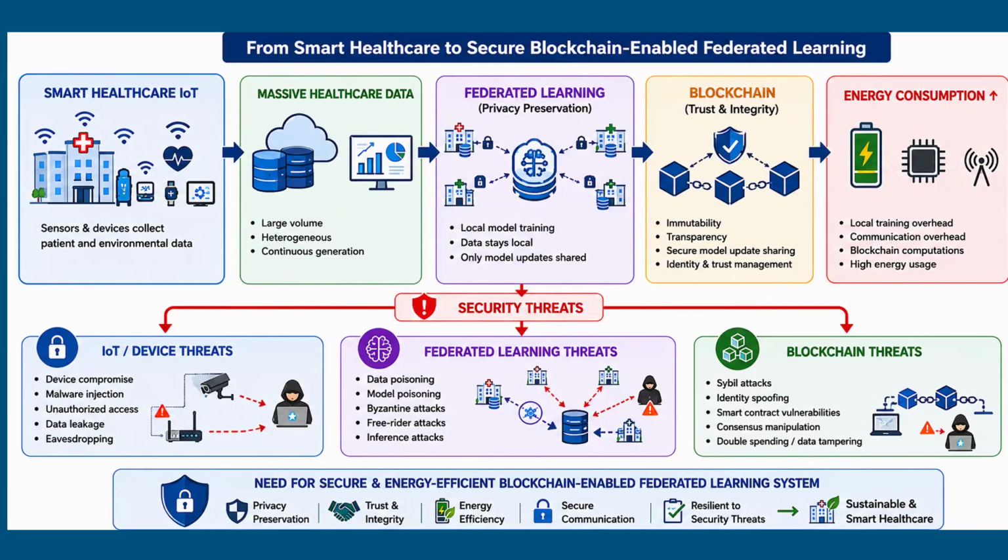The threats can be in three ways: IoT device threats, federated learning threats, or blockchain layer threats. In IoT device threats, attackers can compromise devices, inject malware, gain unauthorized access, or steal sensitive information, and also data leakage, eavesdropping, etc.